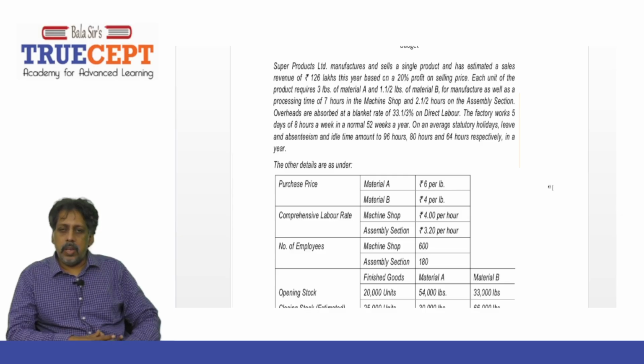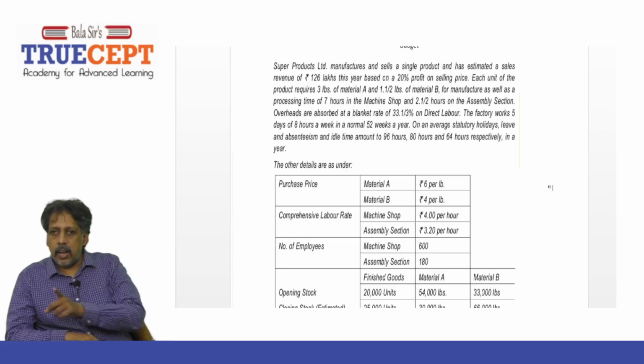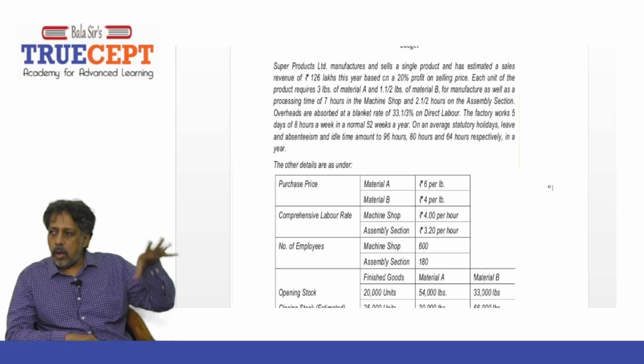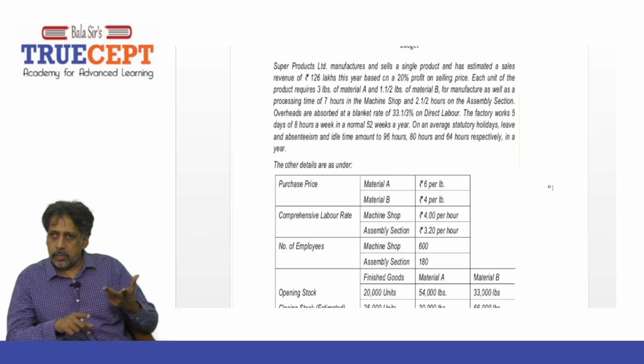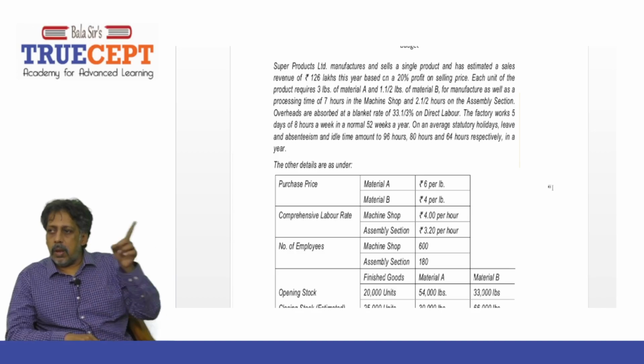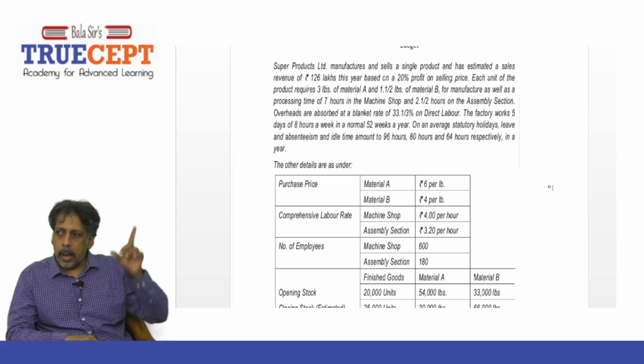You know what is the meaning? We know 40 hours in a week into 52 will give you 2080 hours. Out of those 2080 hours, 96 hours, another 80 hours, and 64 hours will be lost due to either employees on leave, that is absenteeism, or idle time.